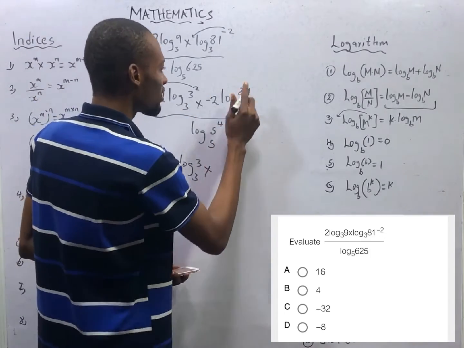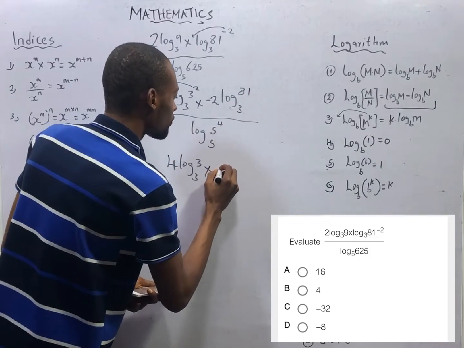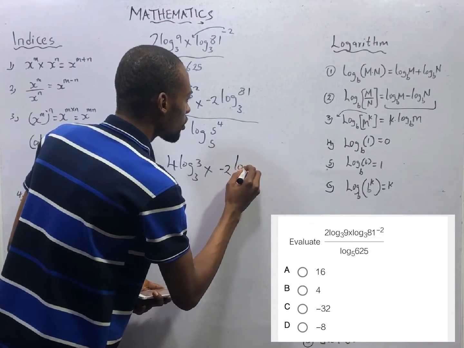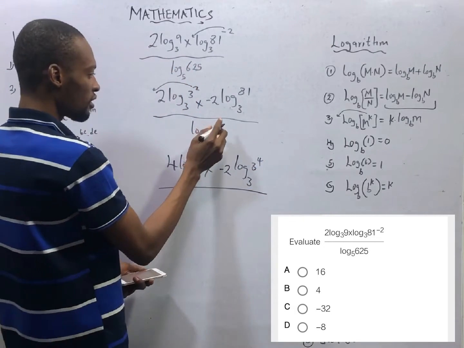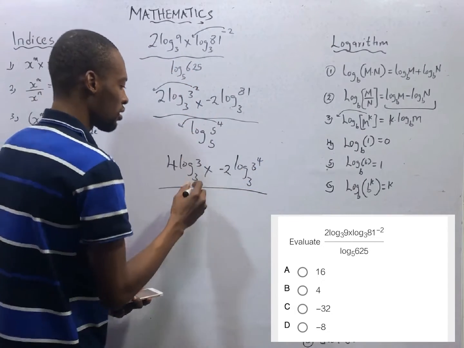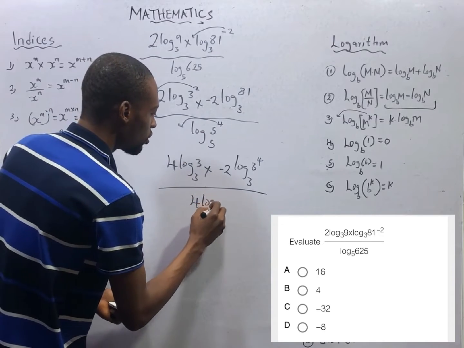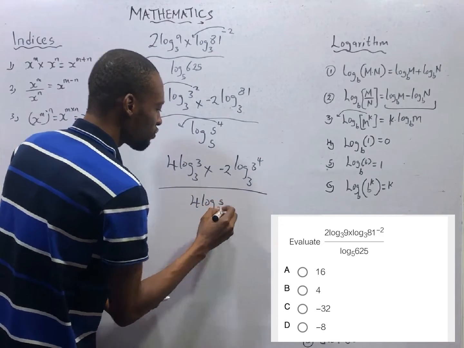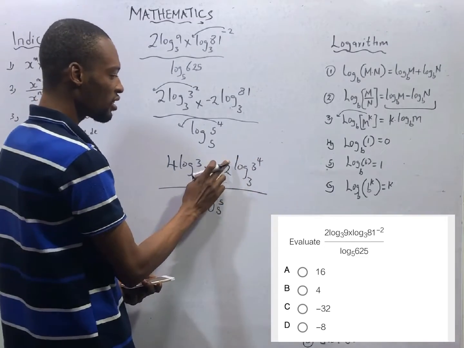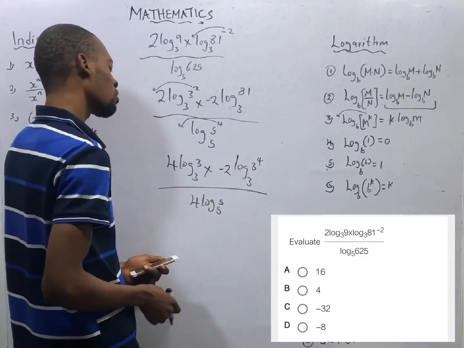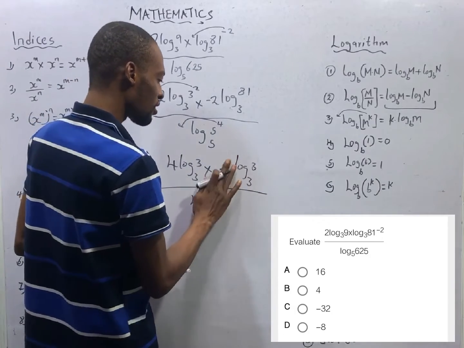So here is 3 raised to the power of 4. Log 3 raised to the power of 4 over here. Bring down the power, so 4 log 5 with base 5. From here, when you bring out the power, you have minus 2 times 4. 2 times 4 is 8. So this is minus 8.